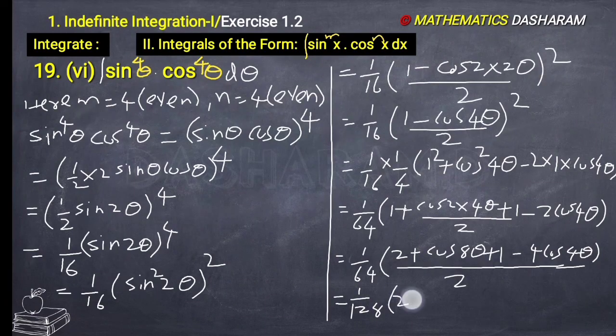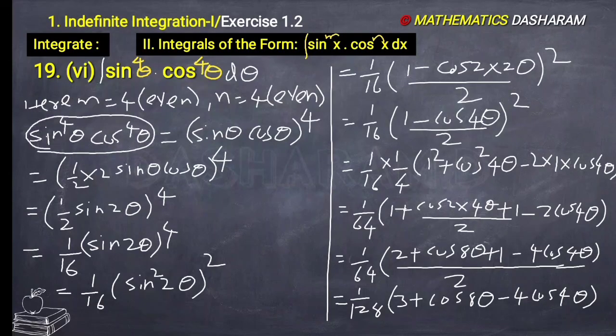So 2 plus 1, how much? 3. So 3 plus cos 8 theta minus 4 cos 4 theta. So finally, sin to the power of 4 theta into cos to the power of 4 theta is converted into 1 by 128 bracket of 3 plus cos 8 theta minus 4 cos 4 theta. Now let us apply the integration.